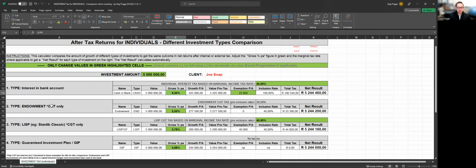Right, the CGT only option that I've explained here gets very complicated if you have to look at the actual portfolio that the person is invested in for a case study like this. So we're going to assume that the person is invested quite aggressively in both cases, the LISP unit trust option and the endowment option, because that's the only way we can make a direct comparison.